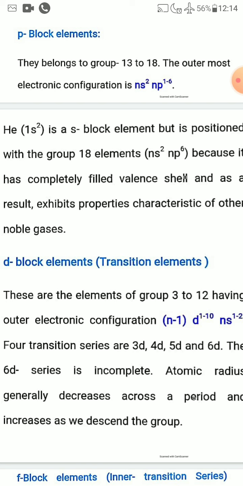The general outermost electronic configuration of P block elements is ns2 np1 to 6. You have to remember the general electronic configuration of each block. So the general electronic configuration of P block elements is ns2 np1 to 6, and the last electron will enter into the p orbitals in case of P block elements.